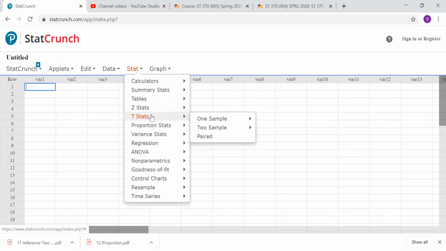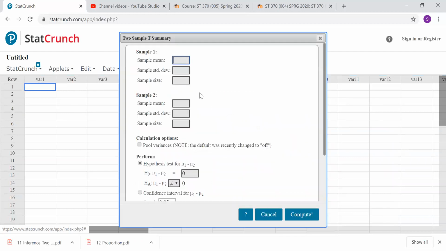For the confidence interval for two independent groups, it's going to be very similar as well. You just enter the same information that we have just entered. It says 15. I think this is 10 here. Again, we will leave this unchecked.